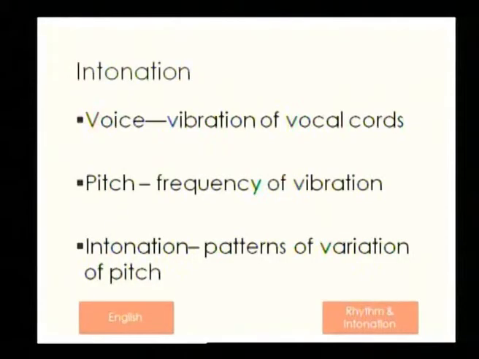So the 'a' of 'apple', for example, or the 'a' of 'an', becomes the weak schwa, which is written with the inverted e. The sound is 'uh'. And so on. We've got many more examples. That is as far as rhythm goes.